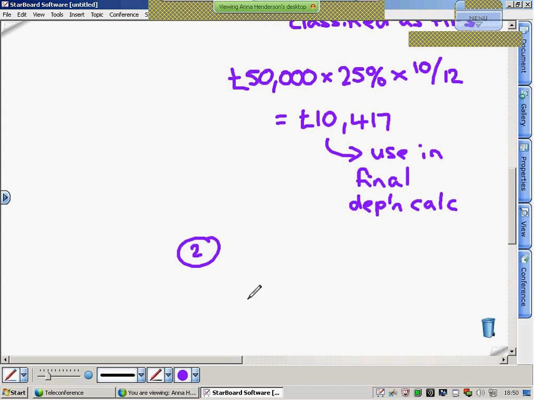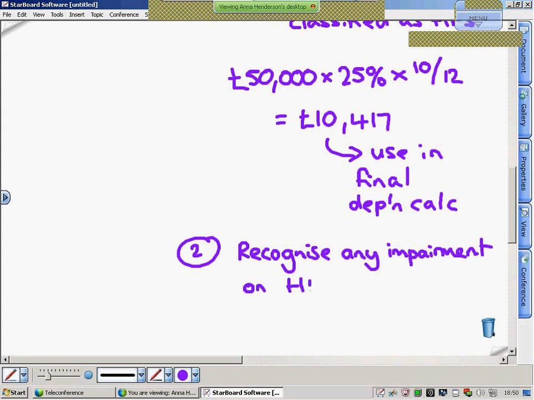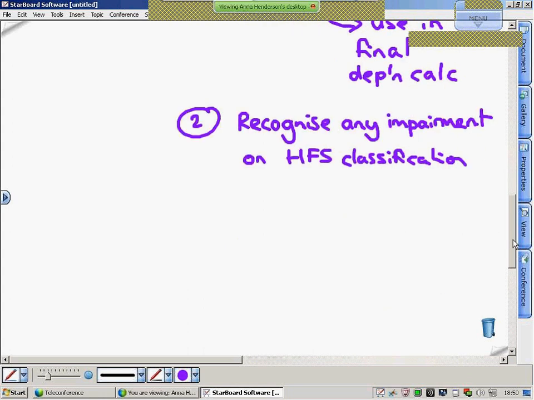We need to think about recognizing any impairment on the held for sale classification, and this is the main rule you will have seen as part of the self-managed learning.